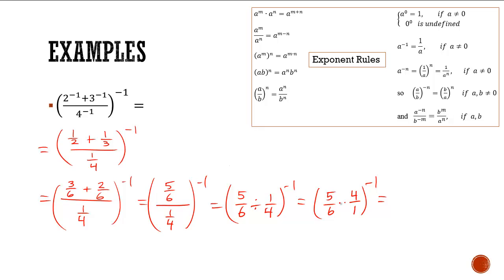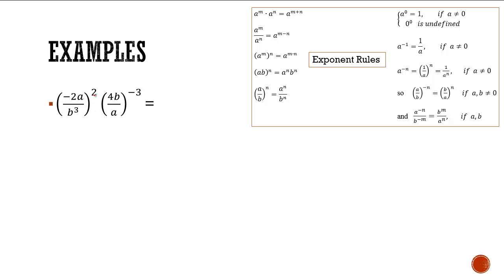And so we've got 5 times 2, which is 10 over 3, to the power of -1. But the negative 1 applies to both the top and the bottom, and so they both switch into 3/10.